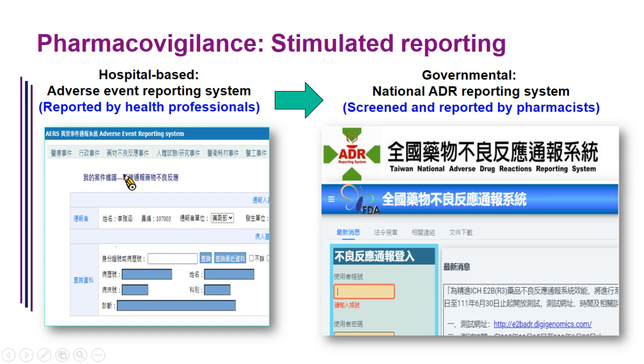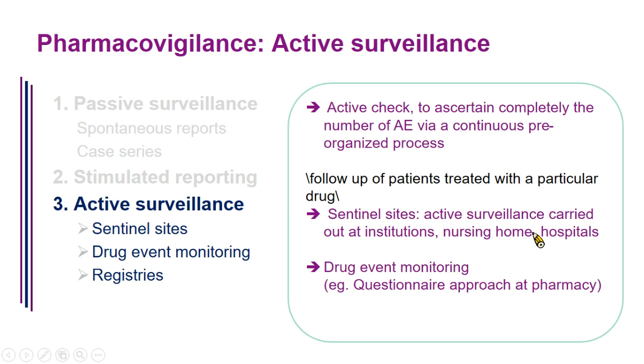Then we forward the report to another system, which is not owned by our hospital but by the Taiwan government, called the National ADR Reporting System. So the pharmacy screens the data and makes it more reliable. We enter the data, and the government owns the report. That is how we work on a very big part of the pharmacovigilance work and monitoring.